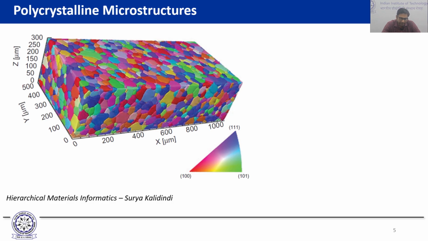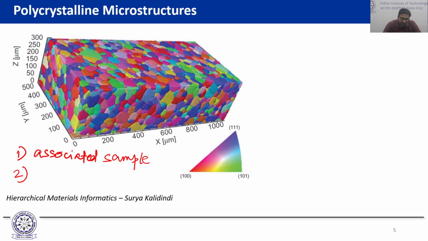For our purpose, when we are trying to define this type of polycrystalline microstructure, we need to define the coordinate system associated with it. We will have one coordinate system associated with our overall sample, so there would be an x, y, and z direction for our sample itself.